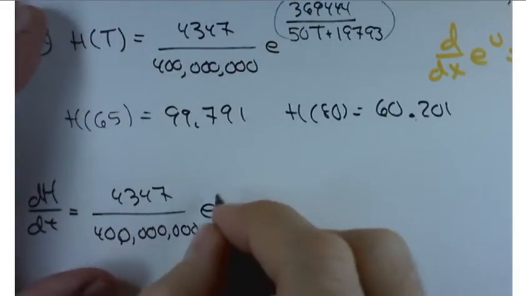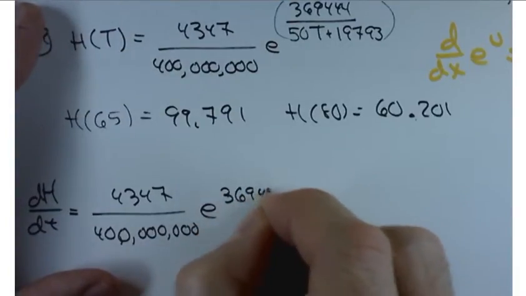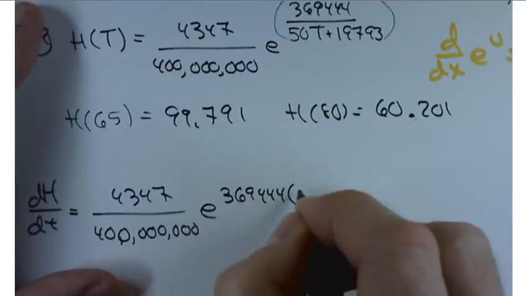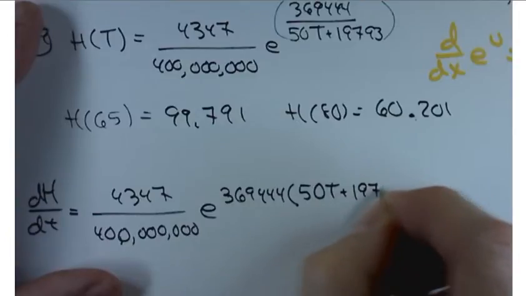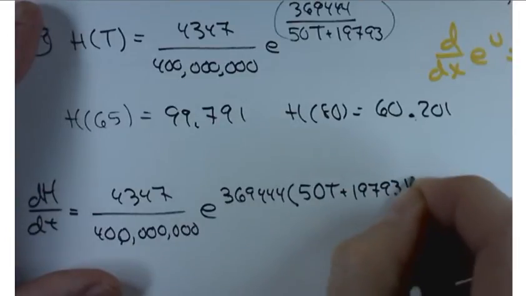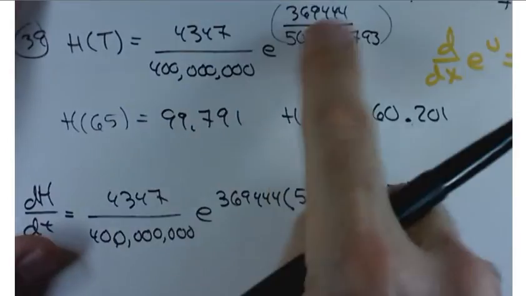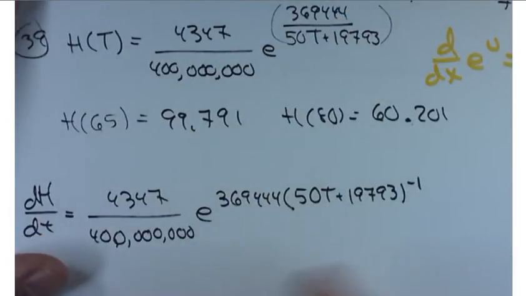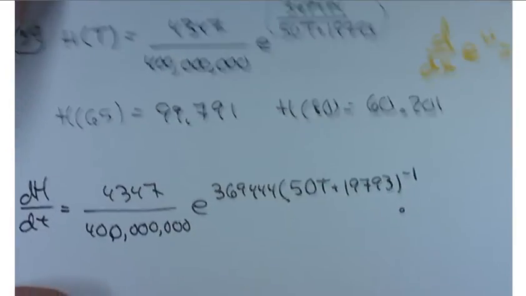Let me write it as 369,444 times 50T plus 19,793 to the negative first power. So now this and this are the same. Really, all I've done is change that. But in differentiating, I've got to multiply by the derivative of that exponent.